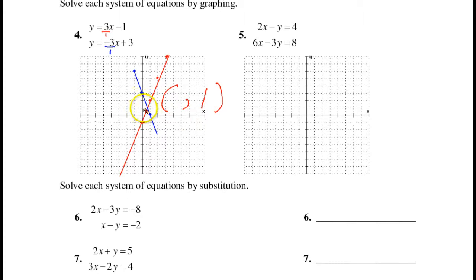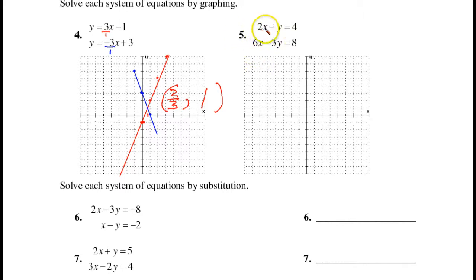But our x is right about there, 2/3. So again, it proves that graphing isn't always the best method when you get fractions because it's hard to pick it out. And you may have to use another method if you're not sure just where that point is.